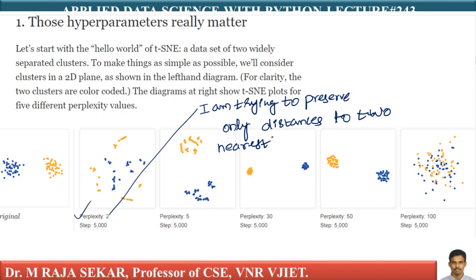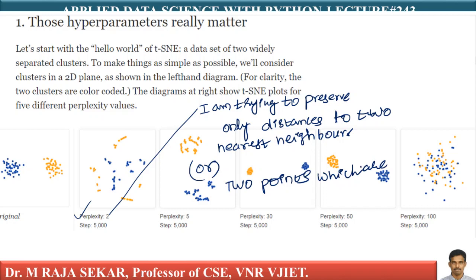I can say it like this: the 2 points which are closest to a given point. That's the meaning of perplexity is 2.